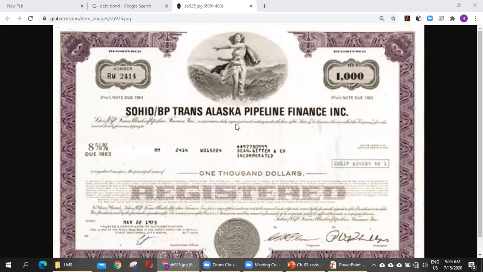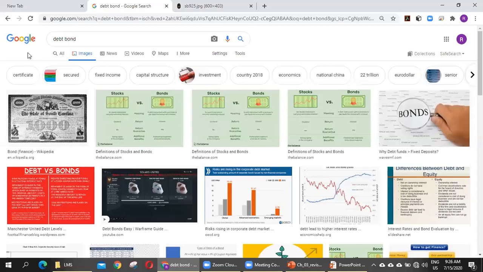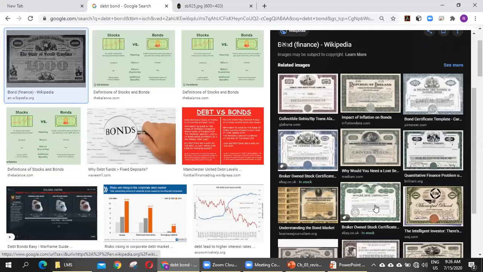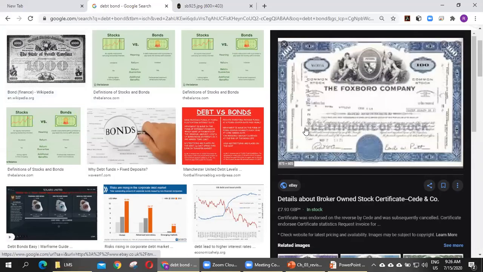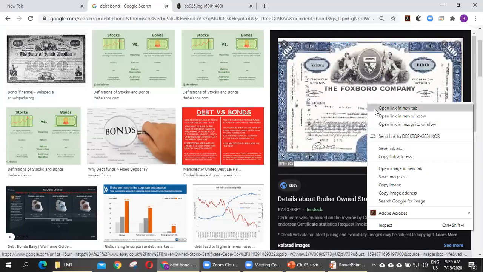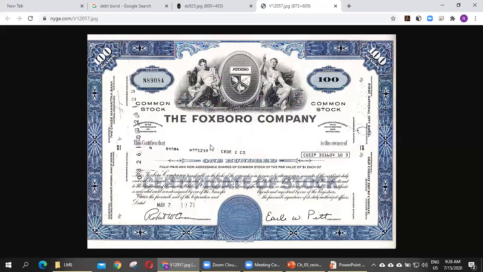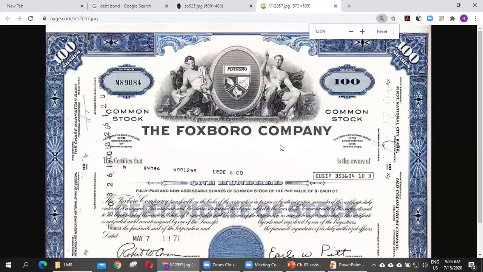And I can find another bond example. For this, how much is the face value of this bond? 100. Yeah, 100.